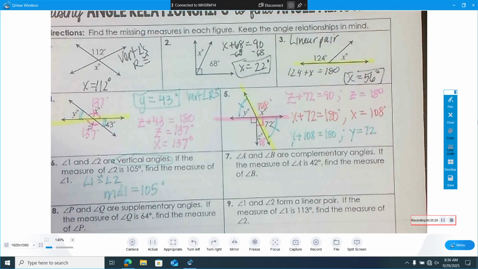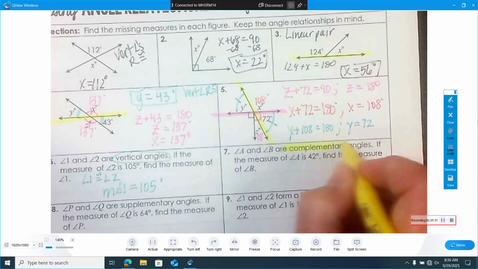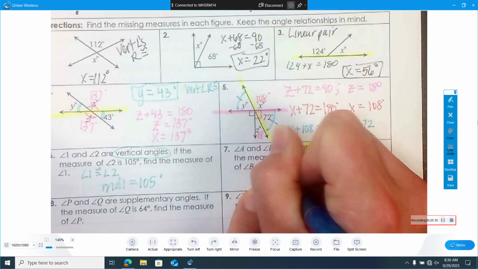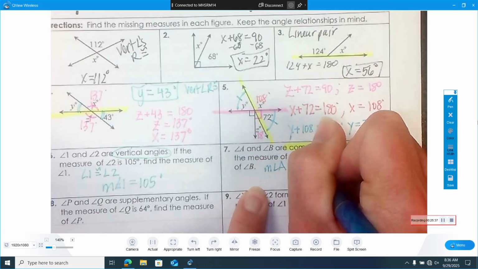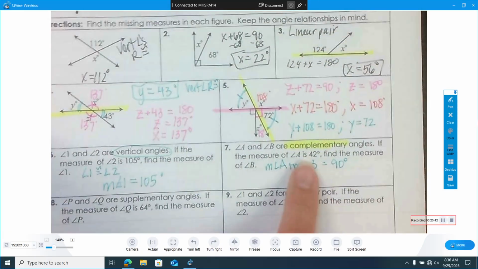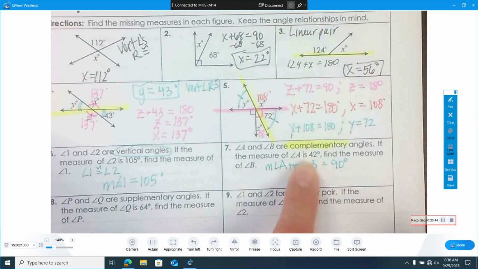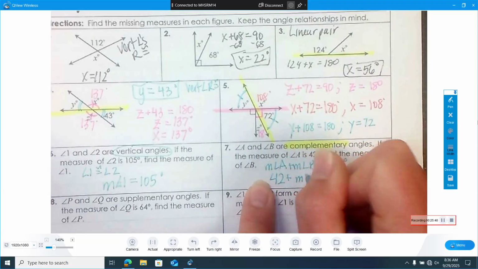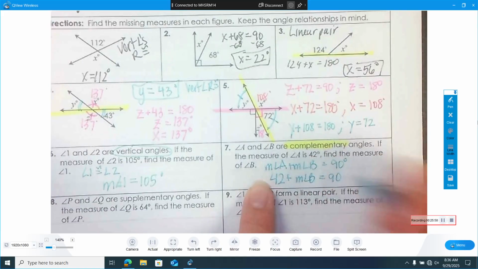A and B are complementary. What does complementary mean? It equals 90. So the measure of angle A plus the measure of angle B has to equal 90 degrees. They tell me that the measure of angle A is 42, so I can replace that: 42 plus the measure of angle B has to equal 90.